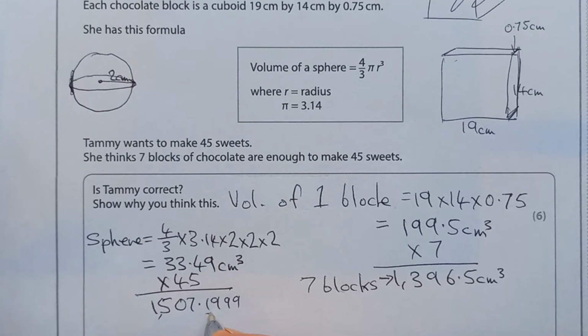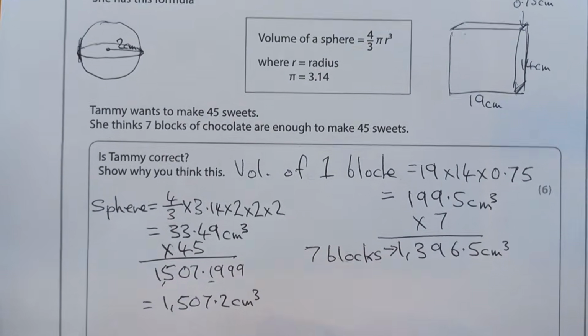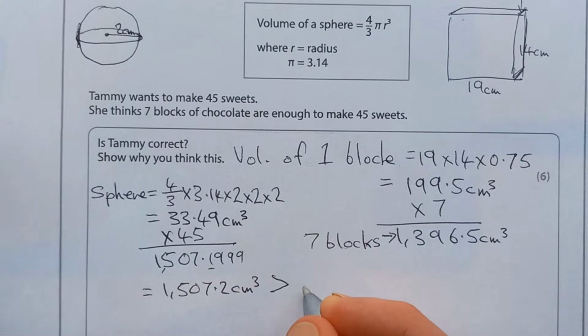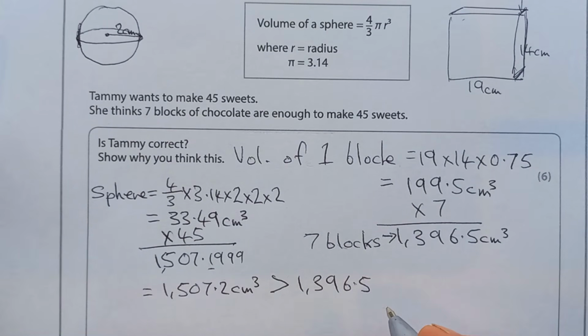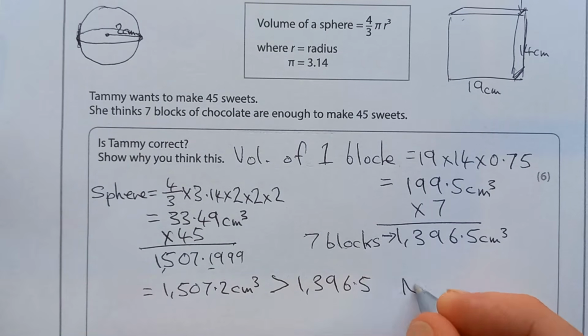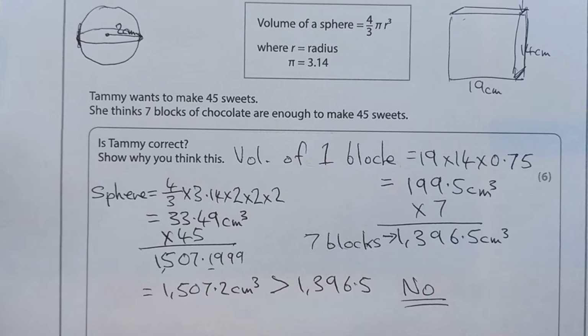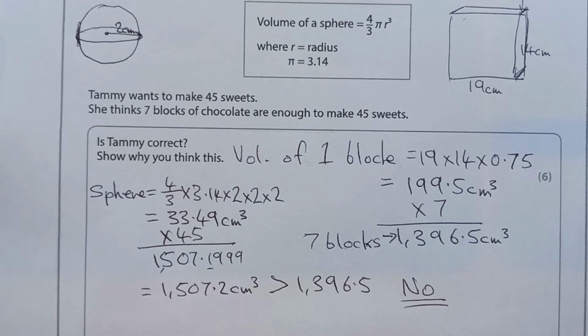So 1 decimal place would be the 1, but it's a 9, so we'll increase it. So we've got 1507.2 centimetres cubed. Well, that is more than the amount of chocolate we've got. So, no, she's not correct. And that's the end of the paper.